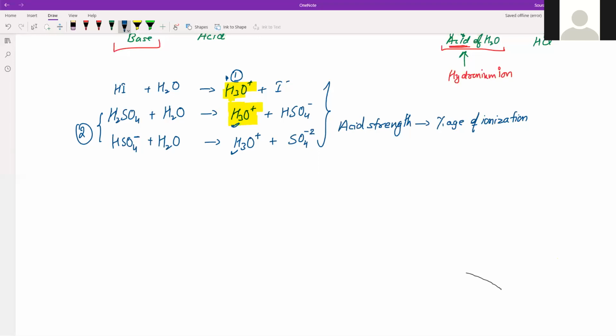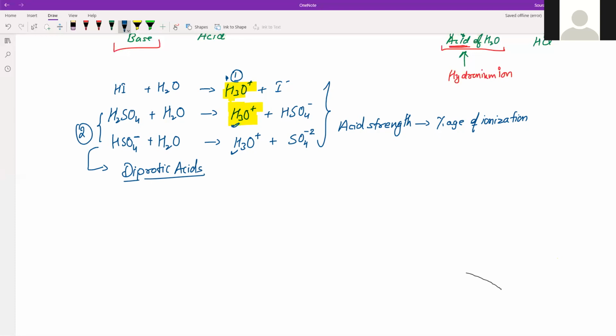Such acids are called diprotic acids. Protic means proton, di means two. So they are donating two protons, that's why they are called diprotic acids.